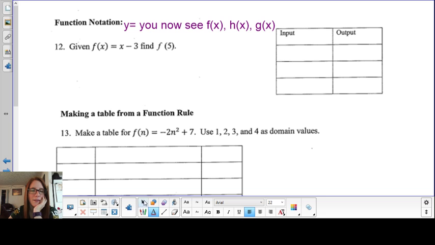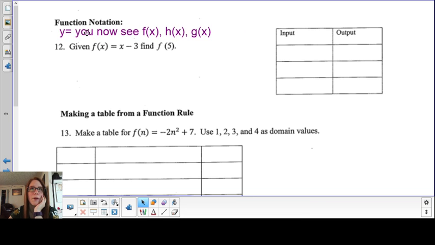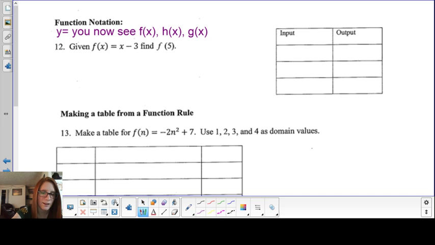What that's saying is that instead of just calling it a basic y, we're saying it's a function. So when it says given this function, f of x is equal to x minus 3, find f of 5, what that's saying is anytime I see x, I'm going to replace it with that number.